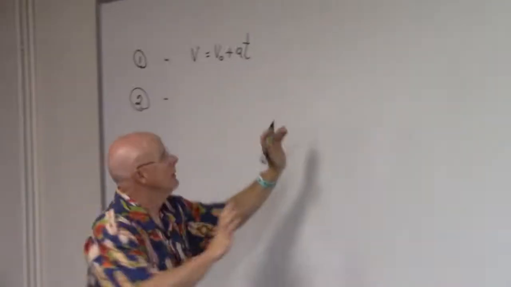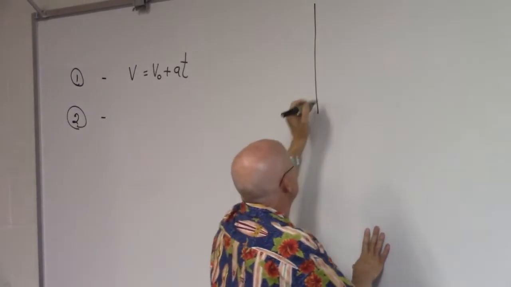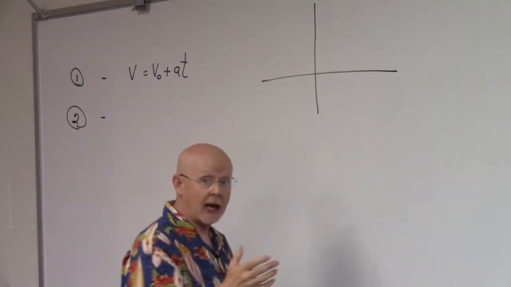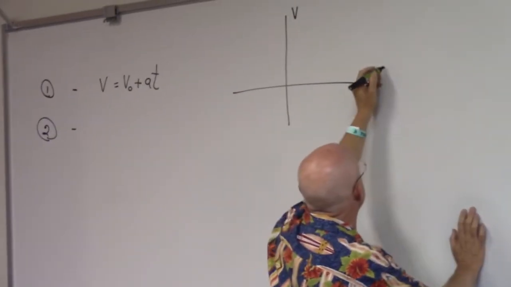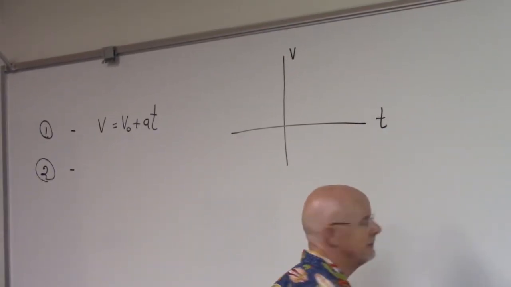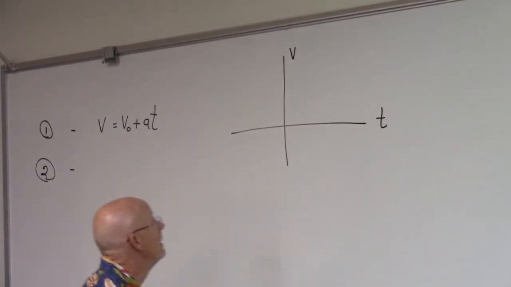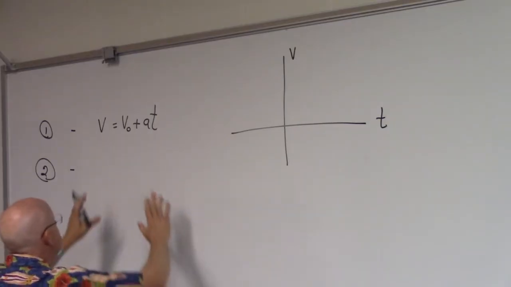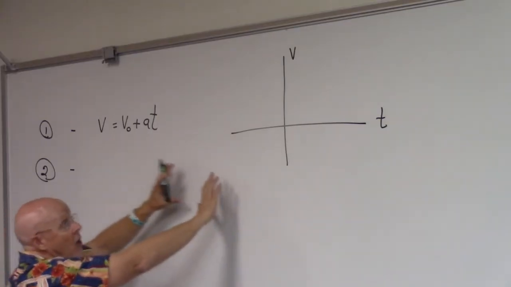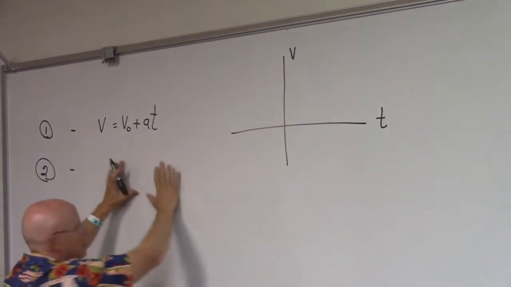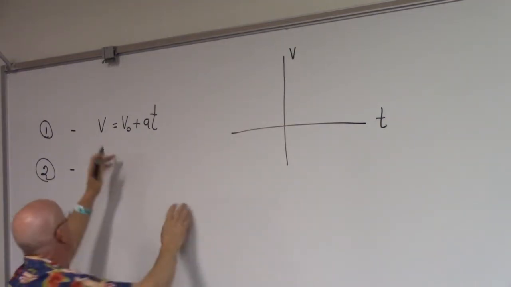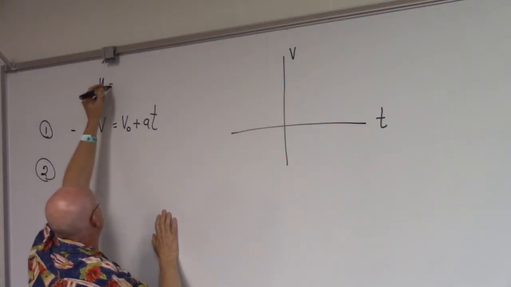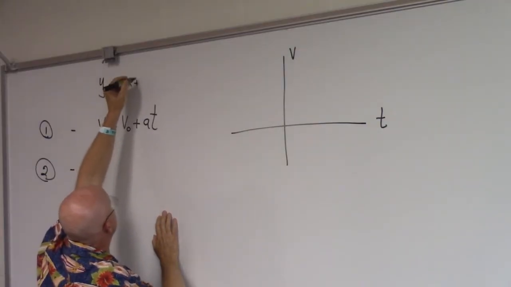Now, let me ask this. If I made a plot of velocity versus time, this math, I hope, looks like a straight line to you. Let me remind you of a straight line. A straight line is y equals mx plus b.